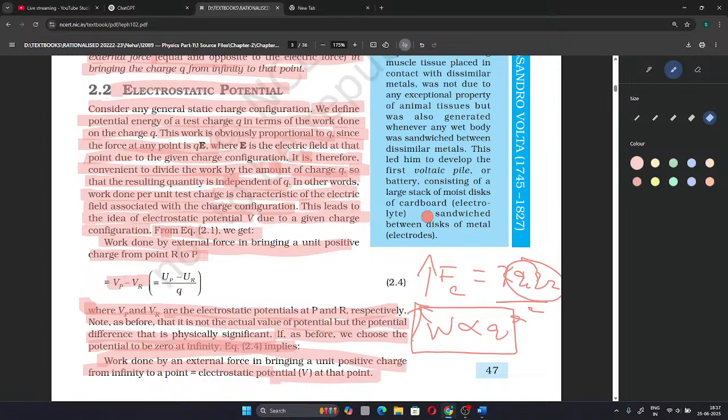Basically they are deriving the formula which we know before itself, which is V equals W by Q.